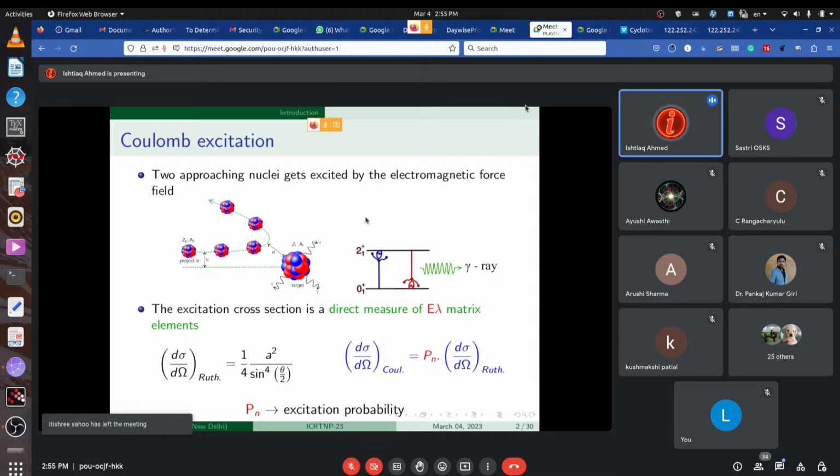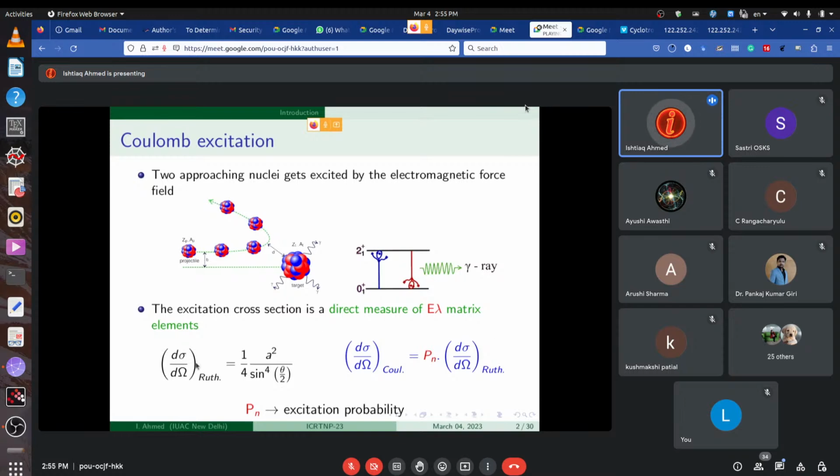The real beauty of Coulomb excitation is that the excitation cross section is a direct measure of the E lambda matrix elements. From the E lambda matrix elements, we can calculate various nuclear properties. For example, the reduced transition strength, and from the diagonal matrix element, you can calculate the quadrupole moment, and from the quadrupole moment, you can calculate the shape, etc.